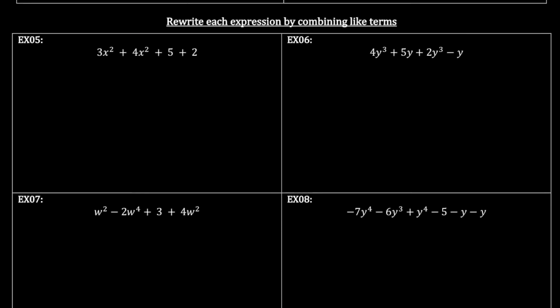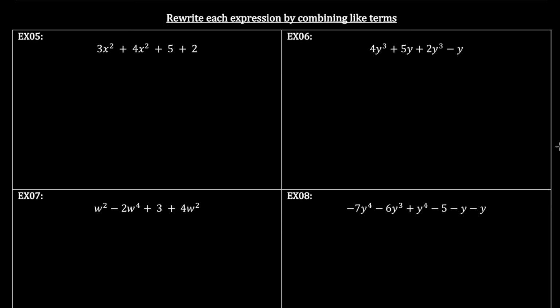So let's go ahead and combine like terms. Simplify expressions by combining like terms. I'm going to box my terms. And I have x to the second and x to the second and no x's and no x's. These two terms here are like each other because they both have x to the second powers.